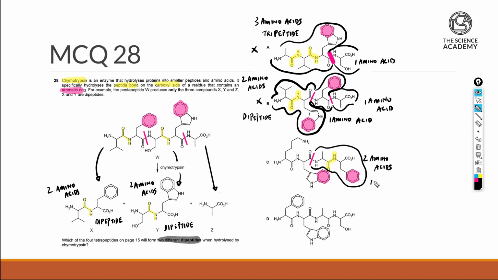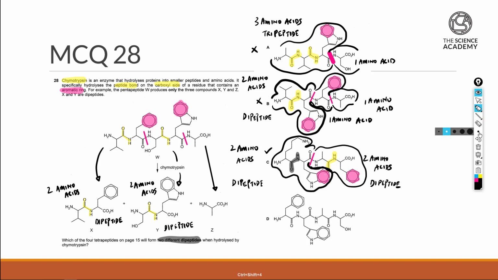We're looking at a dipeptide here. And this is the remnants of the remaining part of the cleavage. Again, we do see that there is also the generation of another peptide bond, which means that there are two amino acids and another dipeptide. And on further investigation, they definitely do not look the same, so C will be the answer.